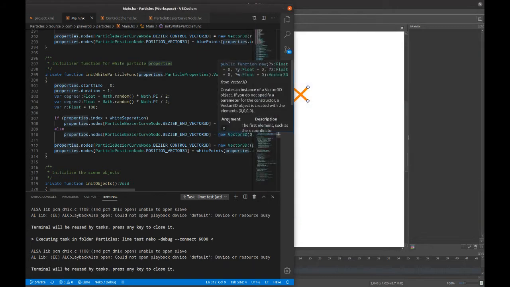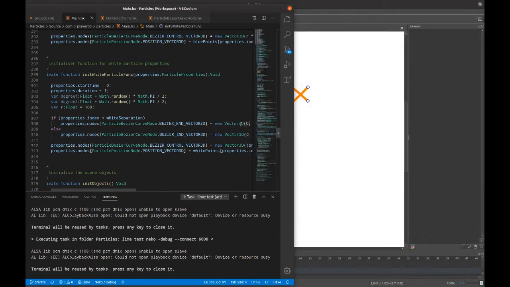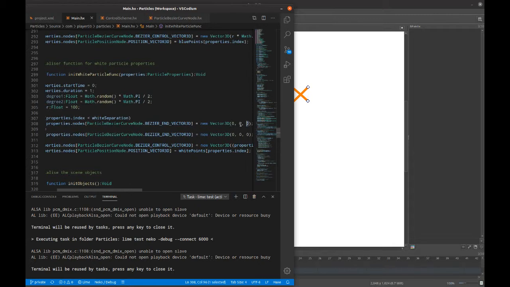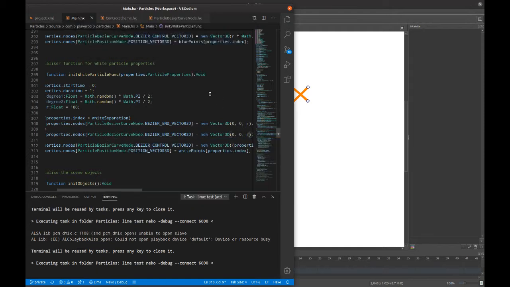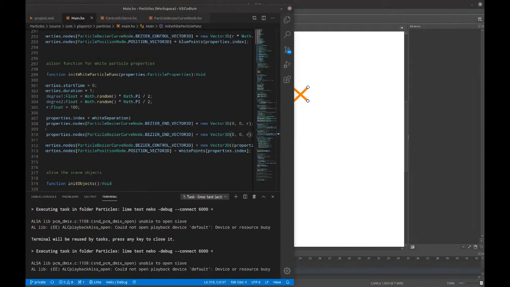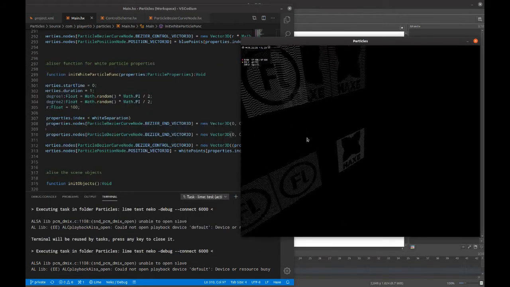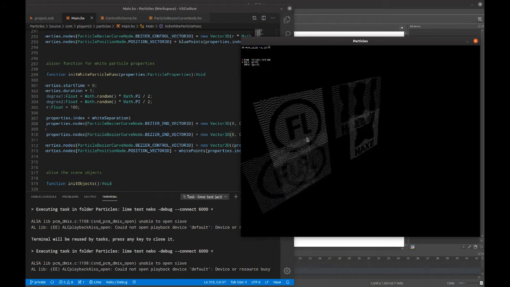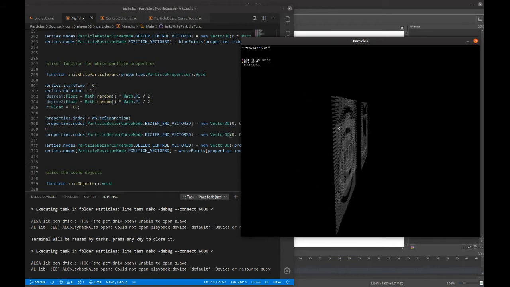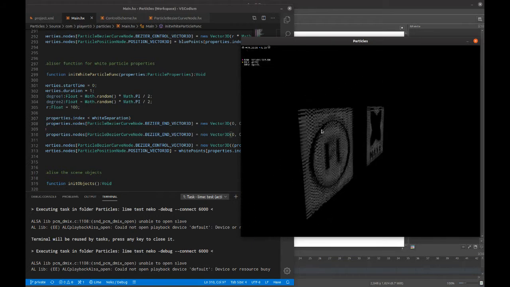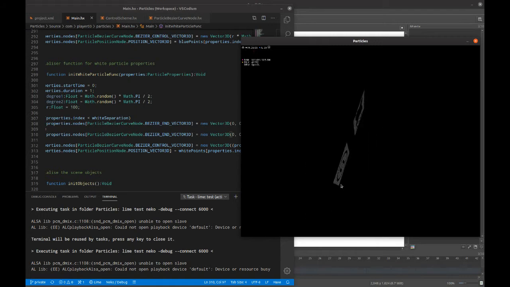I guess to distinguish between the start and end point, we're just going to push them forward and back. So the start point and end point are forward and back.